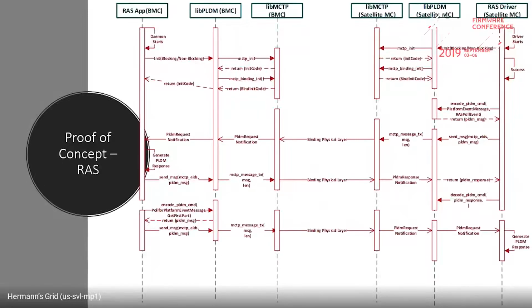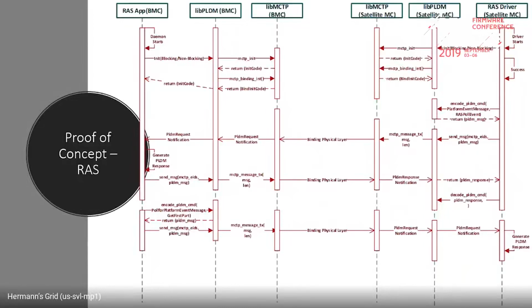Then there is an MCTP binding to specify the physical interface the MCTP should be bound to. Once that happens, it returns back to the RAS app saying that yes, I initialized the PLDM and MCTP endpoint and the PLDM terminus for you. And the same thing happens on the satellite management controller side as well.